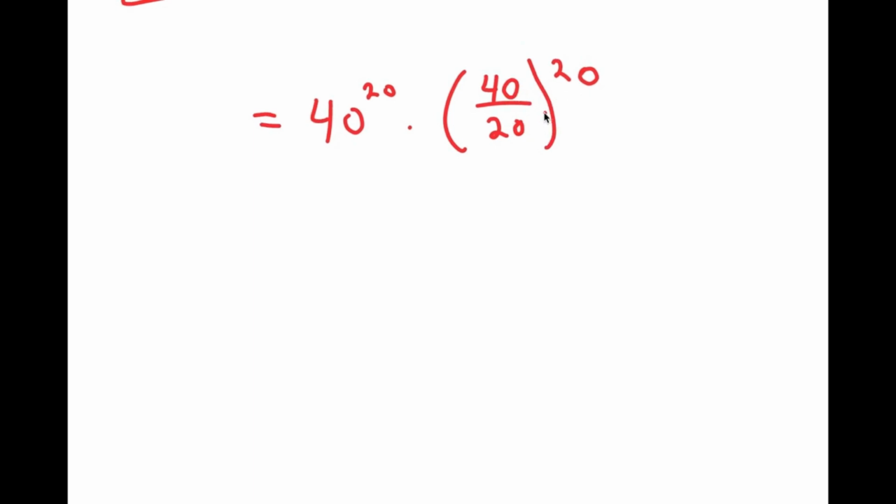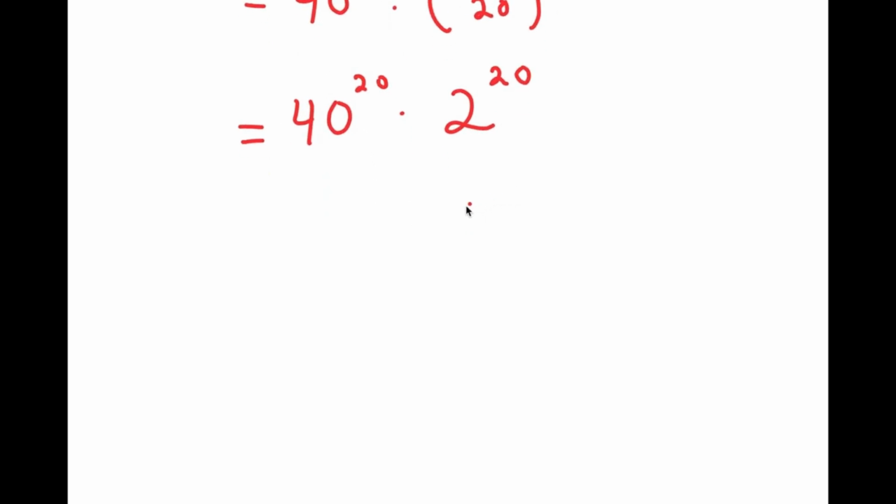Now, 40 divided by 20 is 2. So I get 40 to the power of 20 times 2 to the power of 20. Now, if I have something in the form a to the power of m times b to the power of m, this is equal to a times b to the power of m.